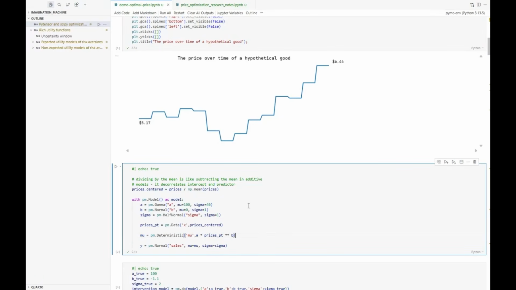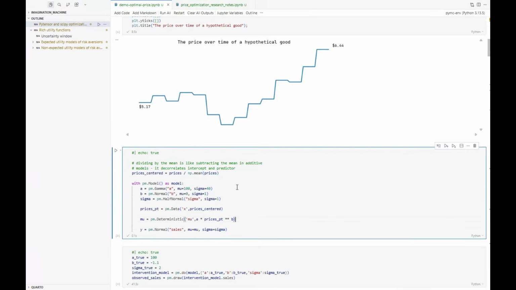So we can imagine, maybe they make 100 sales a day in the absence of price-related penalties. Maybe that's the intrinsic demand for the good, that there are 100 people out there who want it. But then if the price goes up or goes down, you can move the demand in one direction or the other.